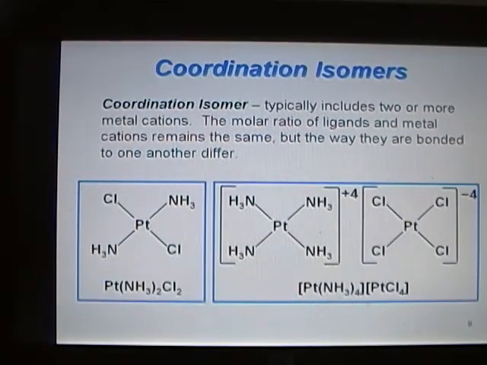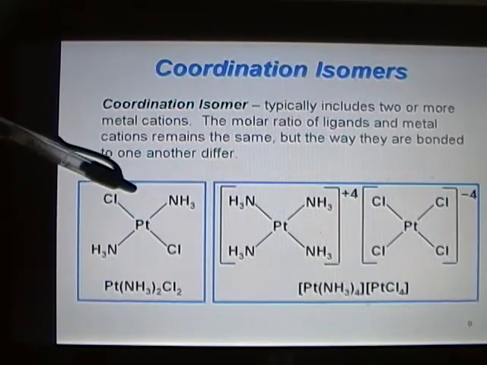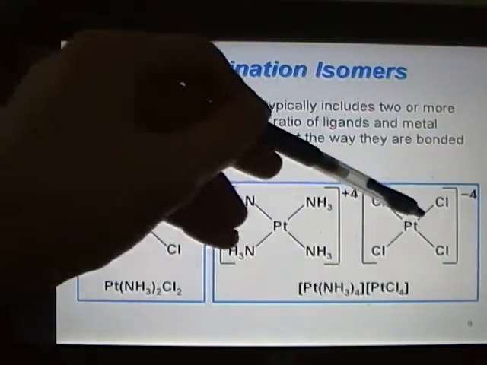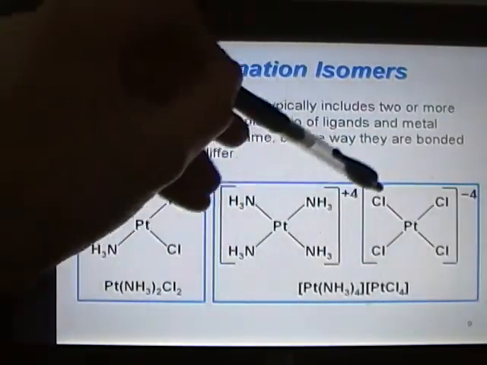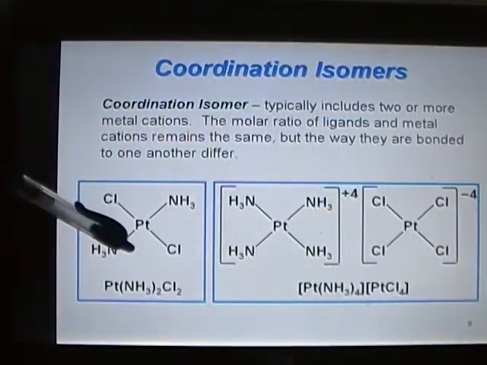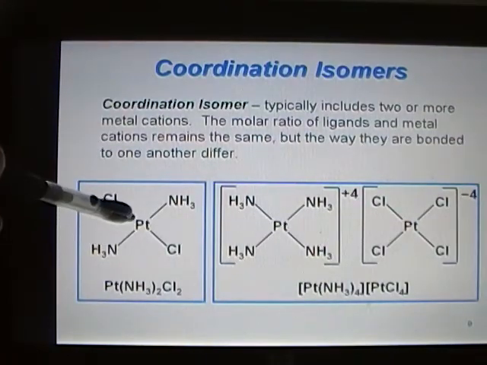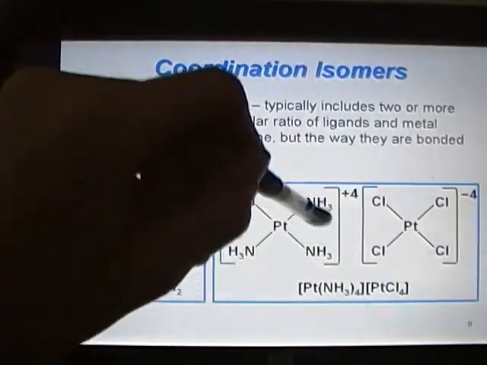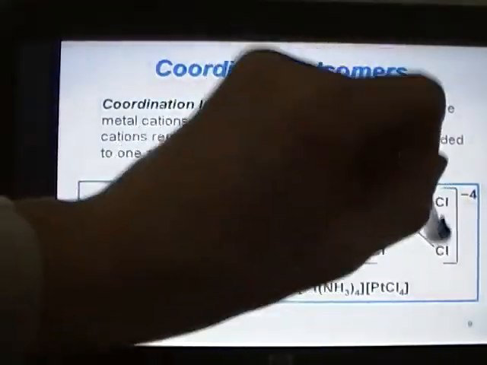Coordination isomers. These typically include 2 or more metal cations. The molar ratio of ligands and metal cations remain the same. So notice that there's 1 Pt, 2 NH3s, and 2 Cls. In this case, there's 2 Pt, 4 NH3, and 4 Cls. However, the ratio is the same, 1 to 2 to 2.